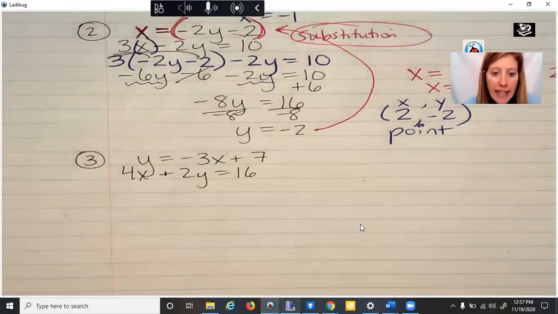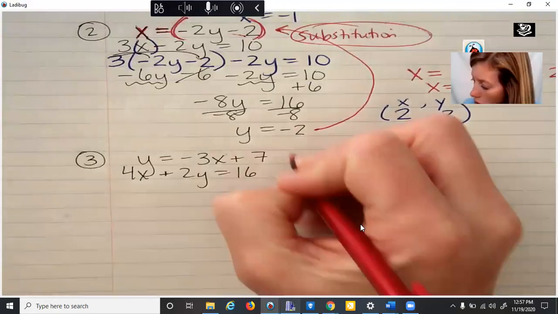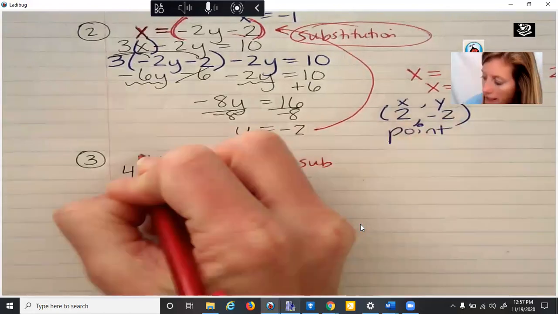All right, Cadence, substitution or elimination? Substitution. Very good. This one is substitution because there's a y equals.